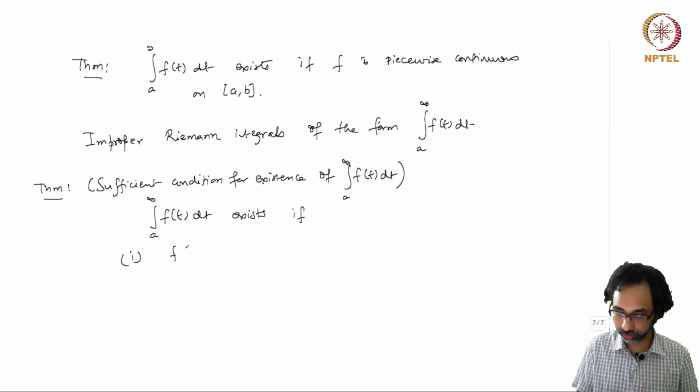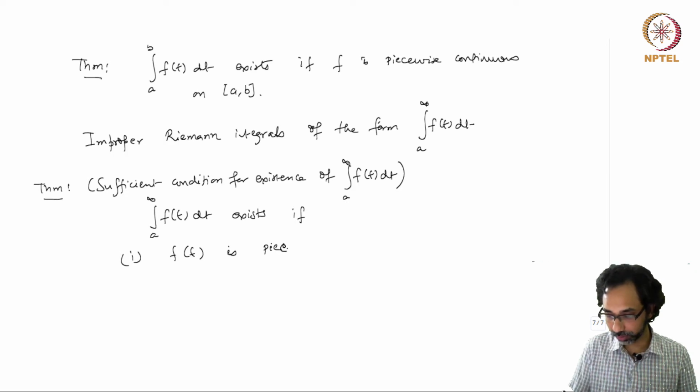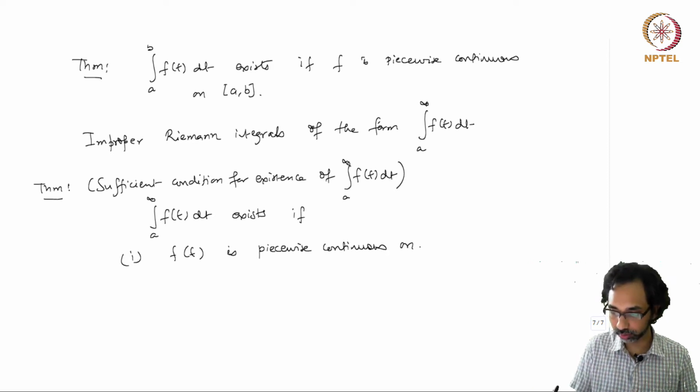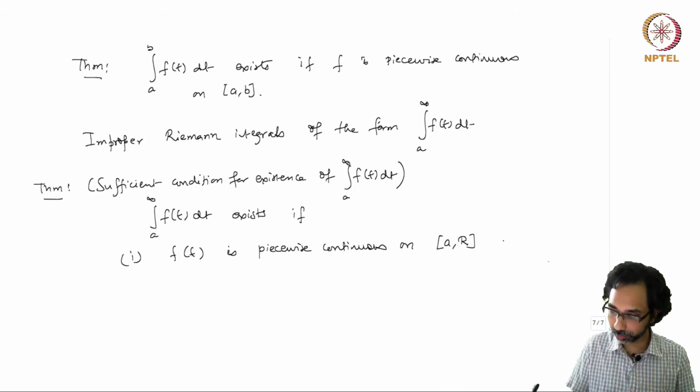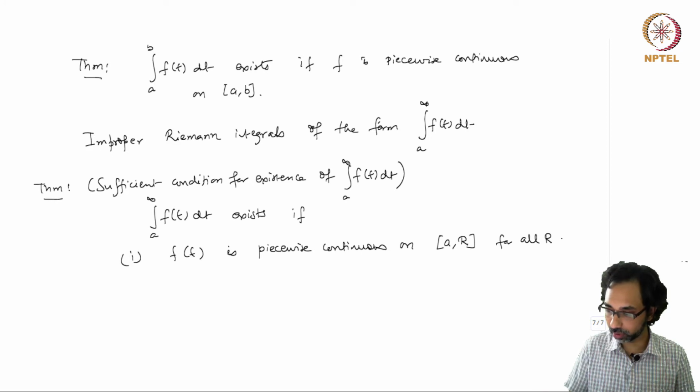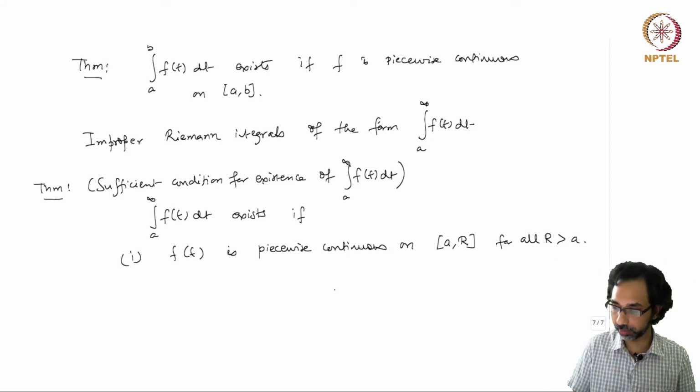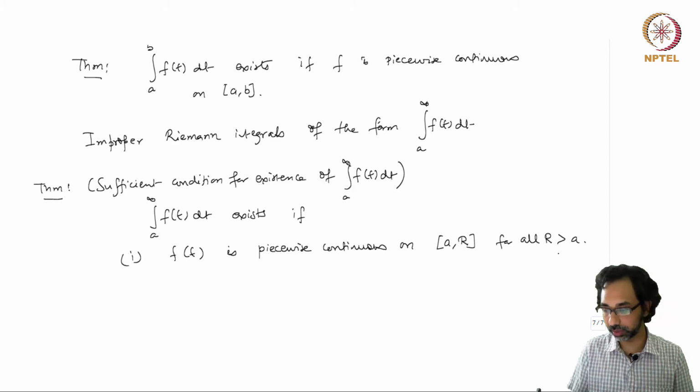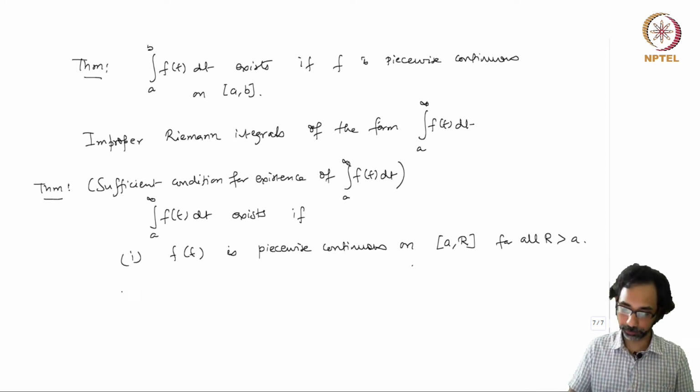first condition, the function f(t) is piecewise continuous on the interval [a, R] for all R greater than a. Okay, first of all, it has to be piecewise continuous on this closed interval [a, R] for every R greater than a.